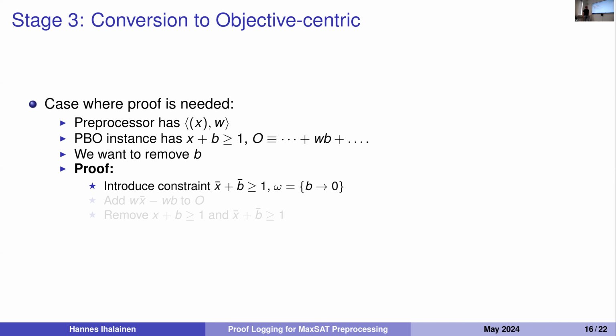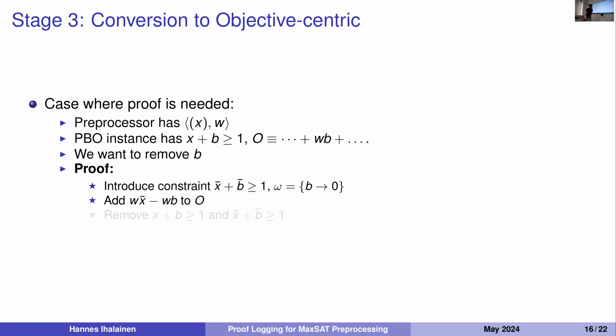And how do we do this? In this case, we introduce a constraint that has both of these negated, and we use witness b to 0. And again, we get a proof obligation from here, but if we falsify this constraint, we are adding the satisfied constraint, so we are happy. And the objective function doesn't get worse.